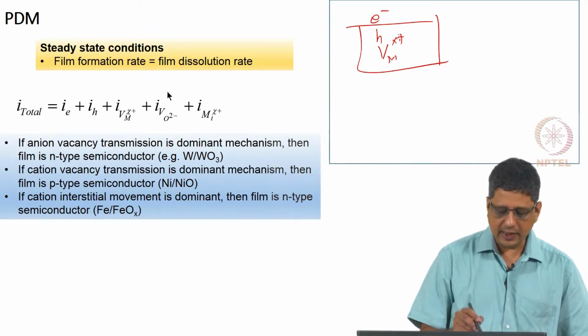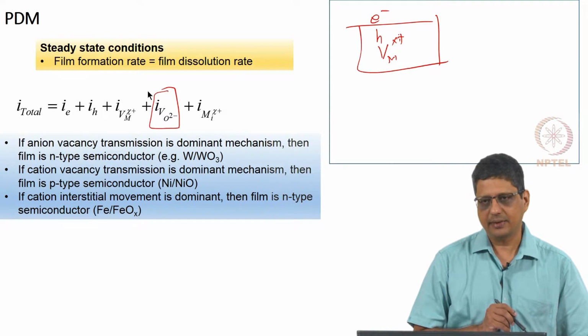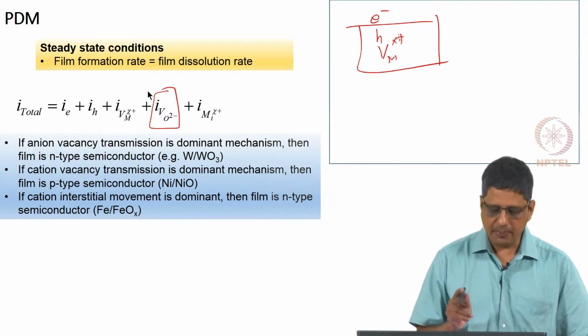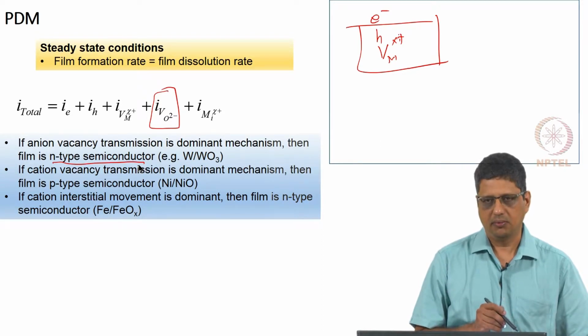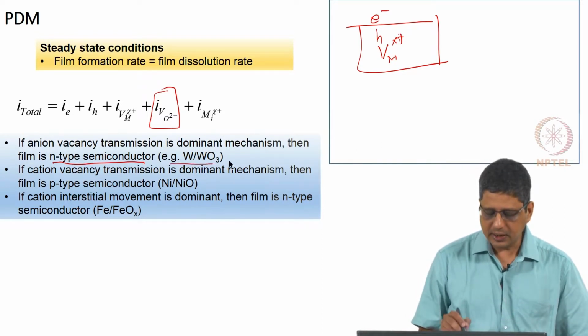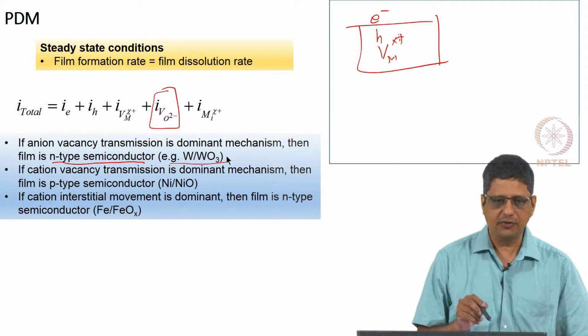In case the anion vacancy movement is the most dominant mechanism, the film will appear as an N type semiconductor. An example is tungsten with tungsten oxide formed on the surface.